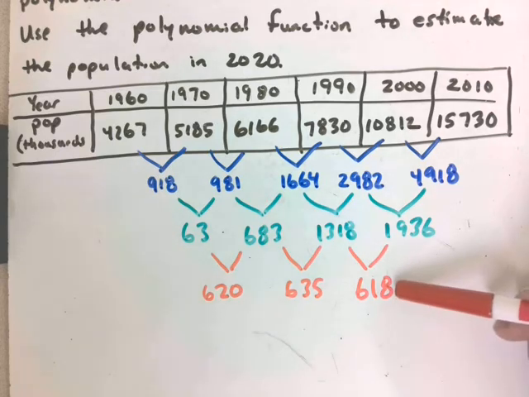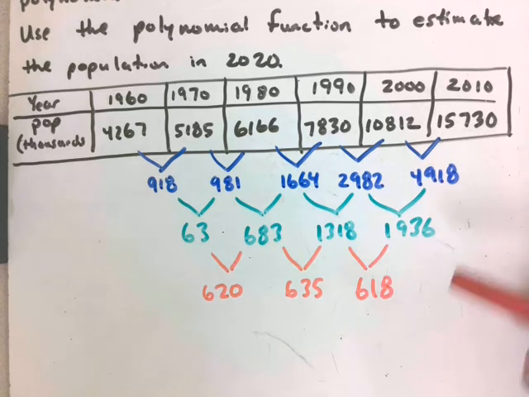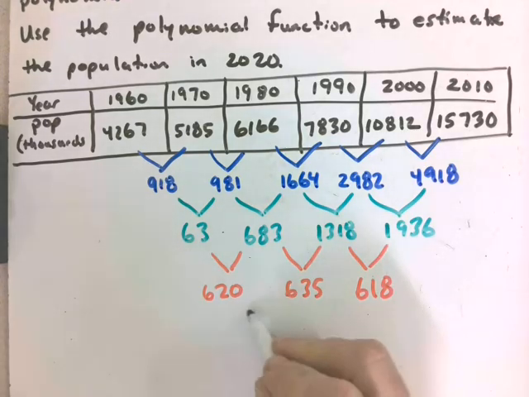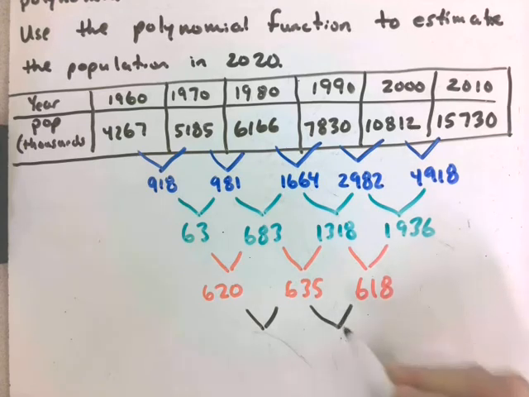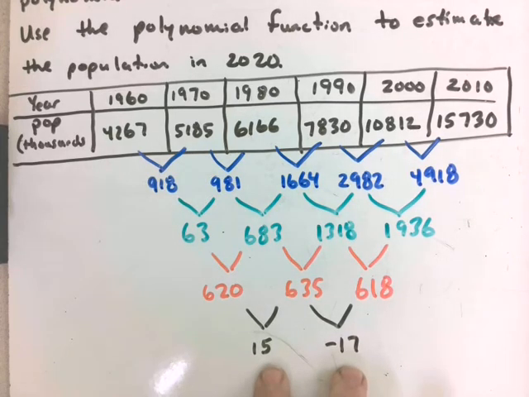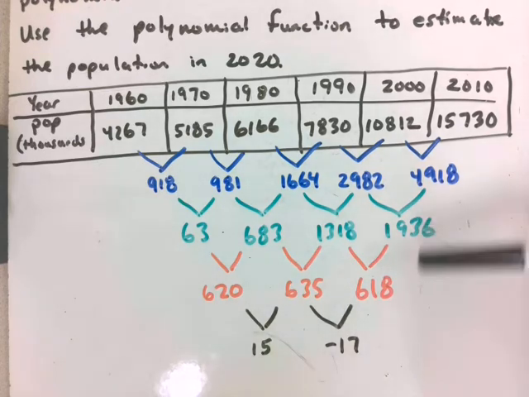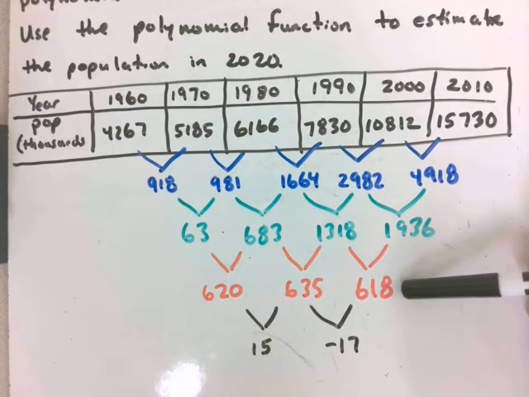So a cubic might be a good way to represent the data. If you did go one more to see if maybe a quartic would be a good idea, we would end up with a common difference of 15 and negative 17, and those numbers are further apart than the numbers were in that red group, our third differences.